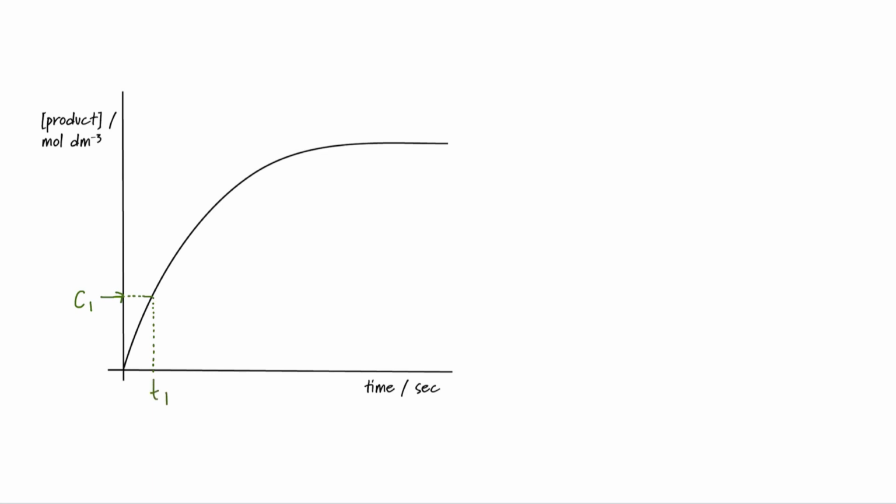If I increase the concentration of my reactants and repeat the experiment, I would expect to make my product faster, in which case the time taken to reach that particular concentration of product, we'll call that T2, is much shorter. So what this means is that we can take 1 divided by time as a relative measure of the initial rate of reaction. The trick, of course, is knowing when we've produced that fixed amount of product.